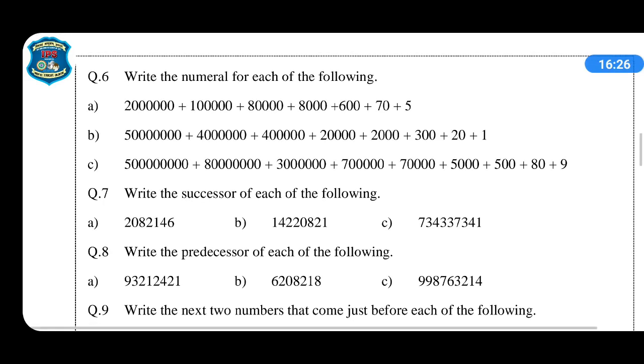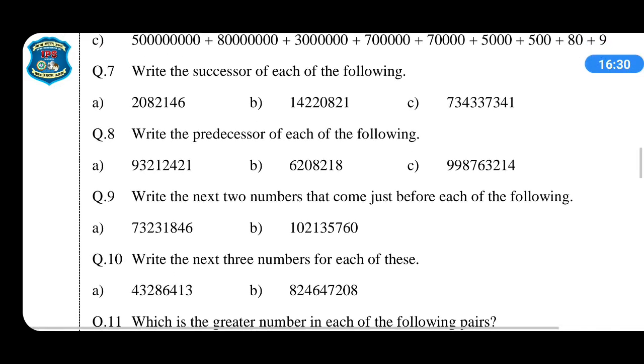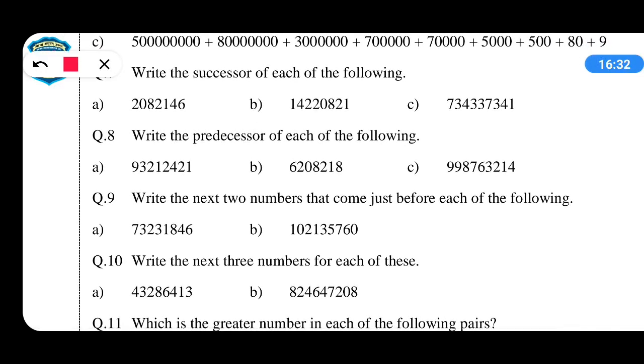Now let us see the question number 7. See, the seventh question is, write the successor of each of the following. First you must know the meaning of successor. What is the meaning of successor? Successor means plus 1. So just note down, successor means plus 1.